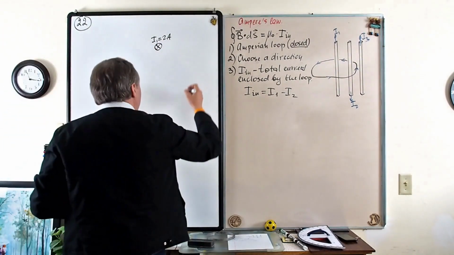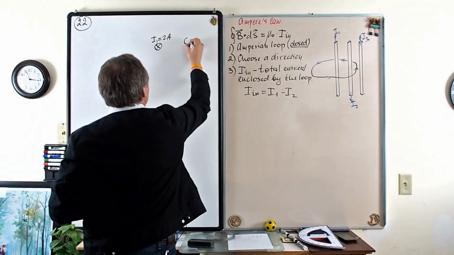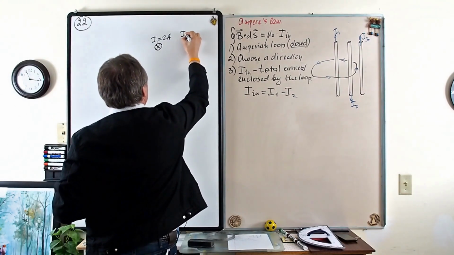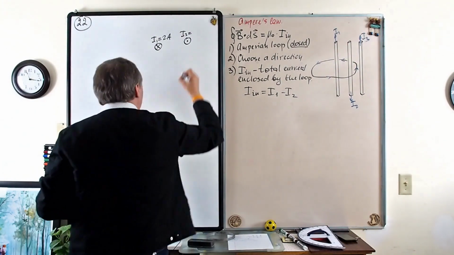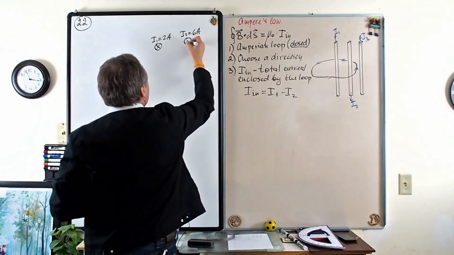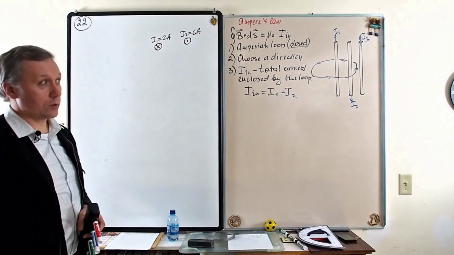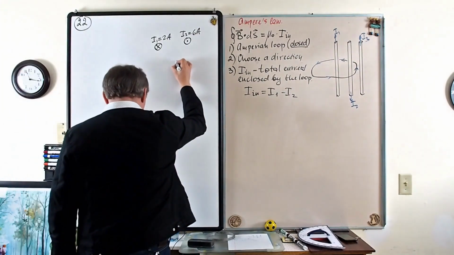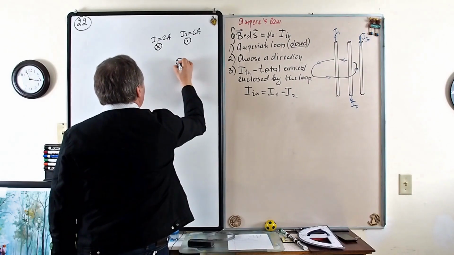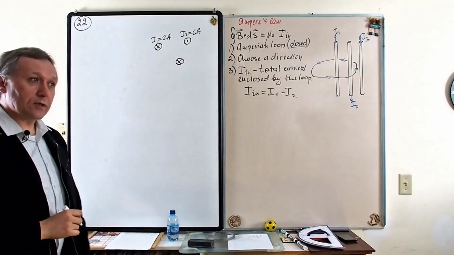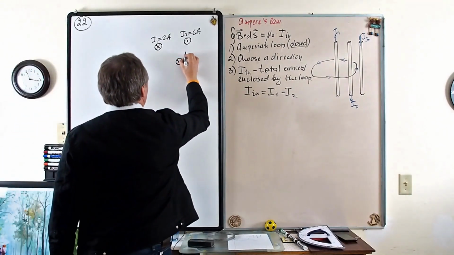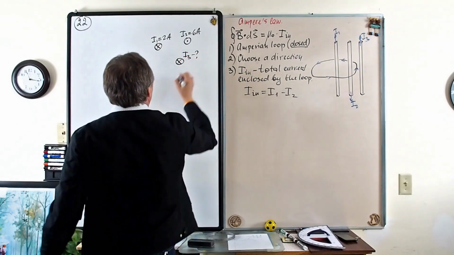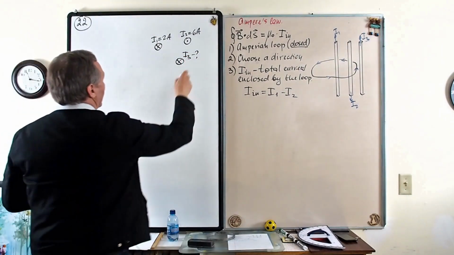Then I2 is also given. Let's say this is I2, and the value of this current is 6 amps. But this current flows out of the board. Dot means out. Then the last current is unknown. We only know the direction is into the board, and we need to find this I3. So that is our unknown, right?